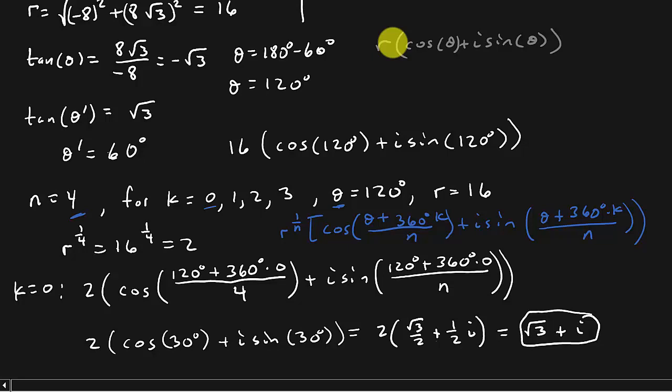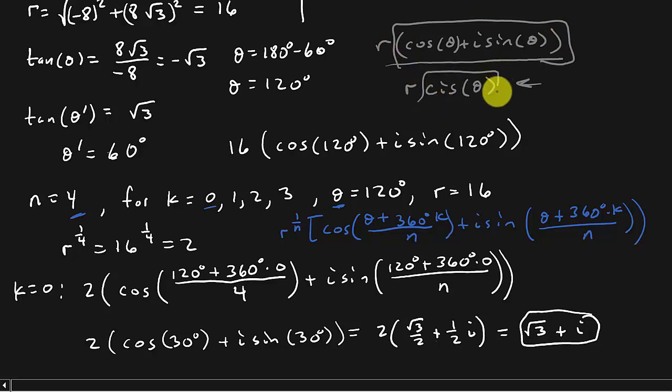Remember, we can write this in abbreviated form. Instead of writing all this out, we abbreviate this part. From here on out, instead of writing cosine this plus i sine this, I'm just going to write CIS and then this. That's an abbreviated form.